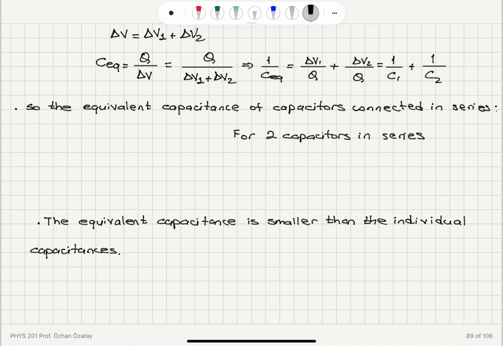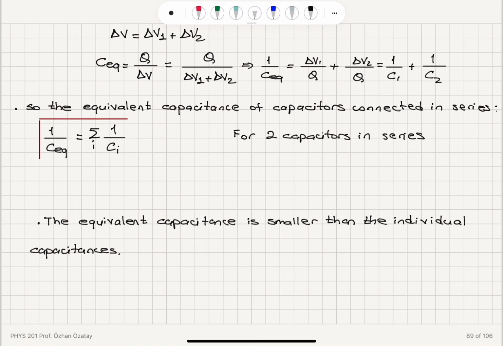All right. So what does that tell me? For two capacitors connected in series, 1 over C equivalent equals 1 over C1 plus 1 over C2. For i not equal to 2, I would have 1 over C equivalent equal to the sum over i, the capacitance index, of 1 over Ci.